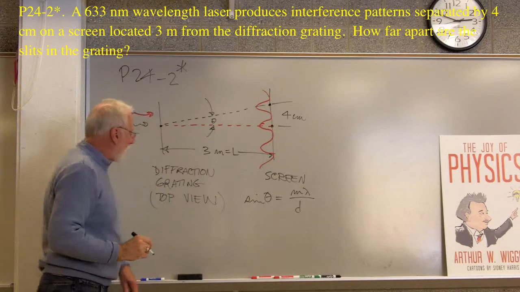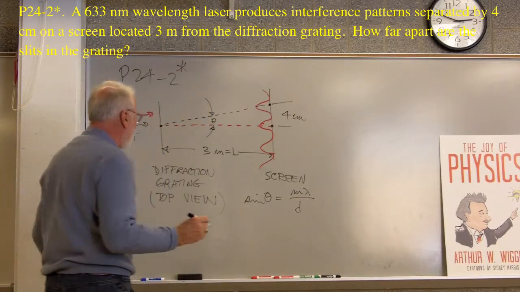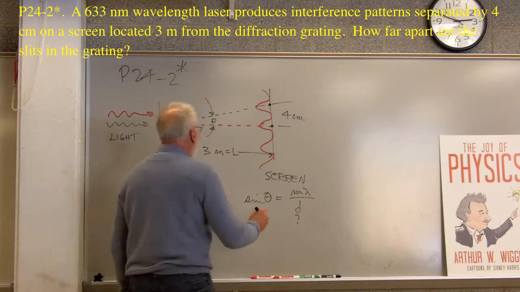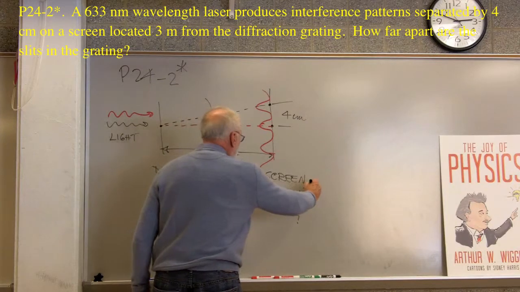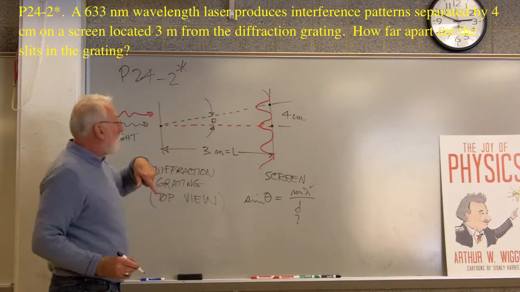So let's see, what are we after? Here's what it says. It says how far apart are the slits. So what we're trying to find then is d, the distance between the slits. We know lambda, that was told 633 nanometers. And so how can we get theta?